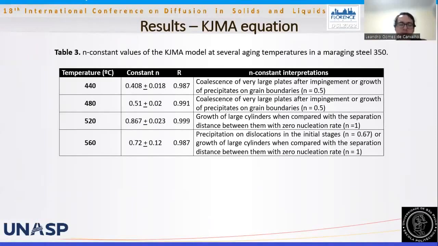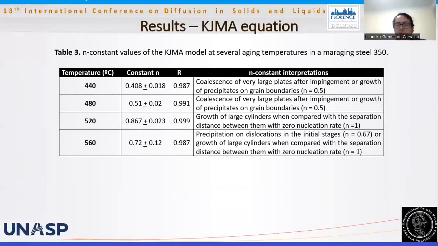For 560 Celsius degrees, the n constant interpretation is the precipitation on dislocations in the initial stages, or growth of large cylinders when compared with the separation distance between them, with zero nucleation rate.